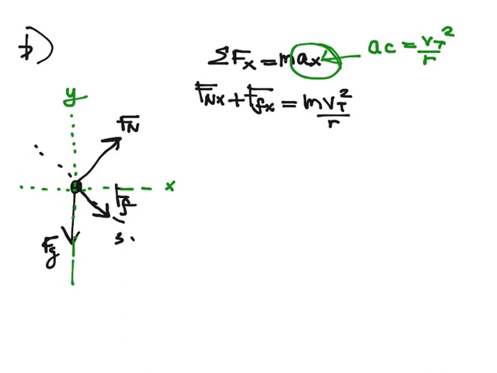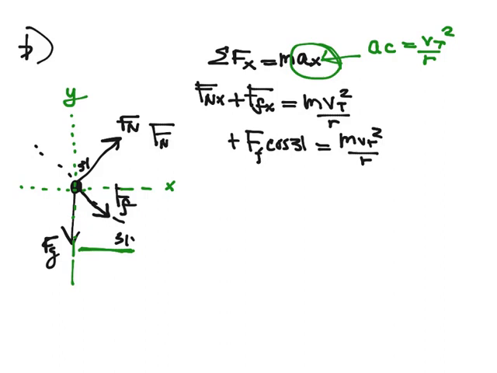If this angle is 31 degrees, we can see that Ffx will be Ff times cosine 31, and that this angle is also 31 degrees, so Fnx will be Fn times sine 31. However, we still don't have a number for Fn.